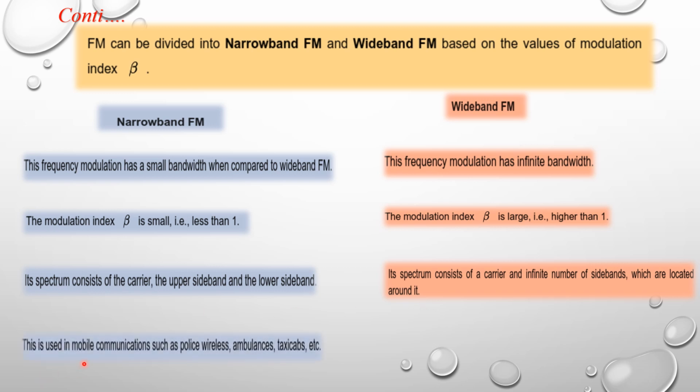Narrowband FM is used in mobile communication such as police, wireless, ambulance, taxi, etc. Wideband FM is used in entertainment and broadcasting applications such as FM radio, TV, etc.